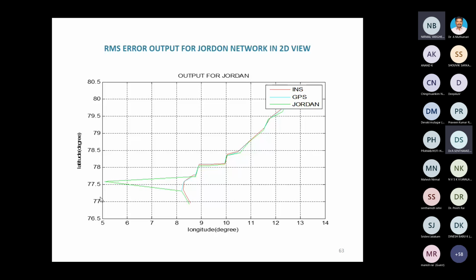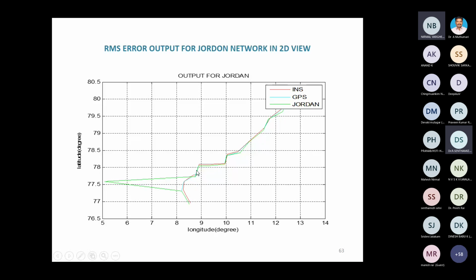And this is what I want to explain: the error output for the Jordan network in a two-dimensional view. If the error tunes like this, then you can understand that the PSO is implemented properly. It's giving a perfect output. See, for example, the INS is in red color, right? The INS values are given and they are trained and they are coming on par with the GPS, right?